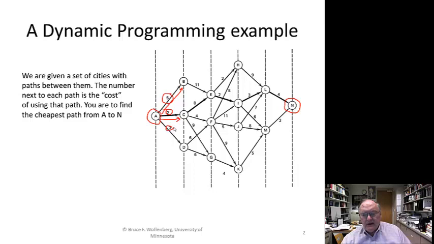If I went from A to D, it's a cost of 3. So the idea here is that we'd like to get from A to N at the minimum cost. This process of dynamic programming can solve that problem in a very nice way.